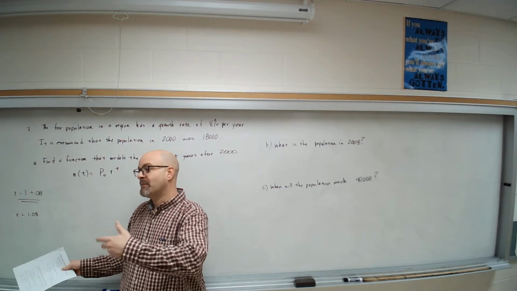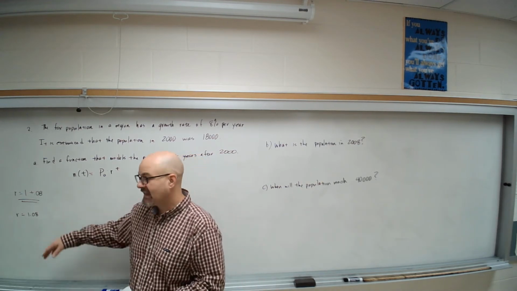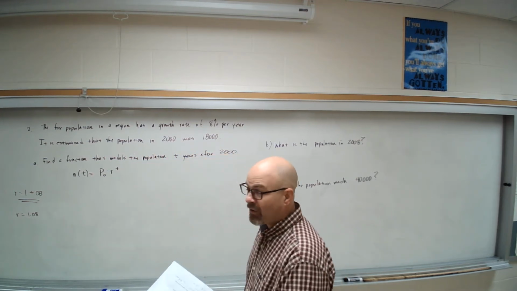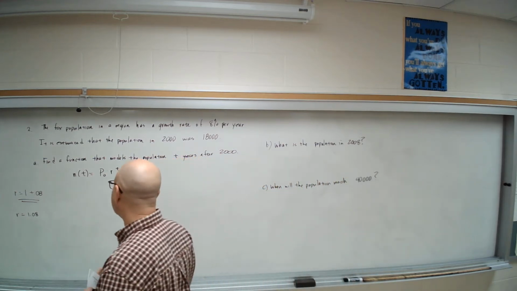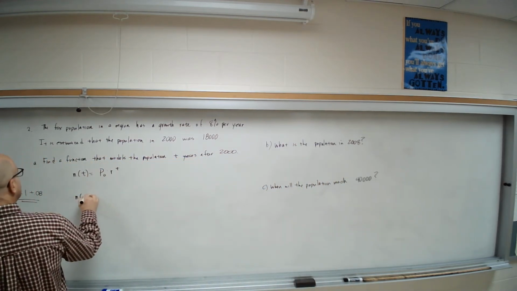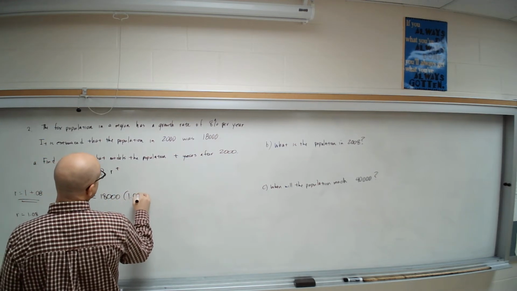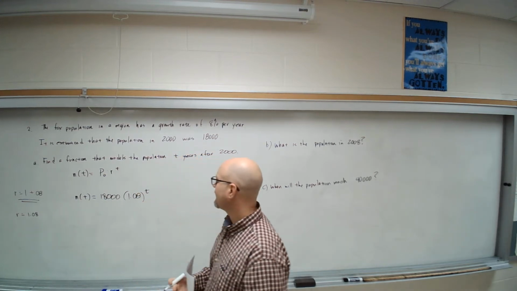A growth rate bigger than 1 is exponential growth, the population is going to grow. If it's less than 1, it's going to decay, it's going to drop off. So we have r is 1.08, P sub 0 is 18,000. So for a, N of t is 18,000 times 1.08 to the t power. That would be our model.